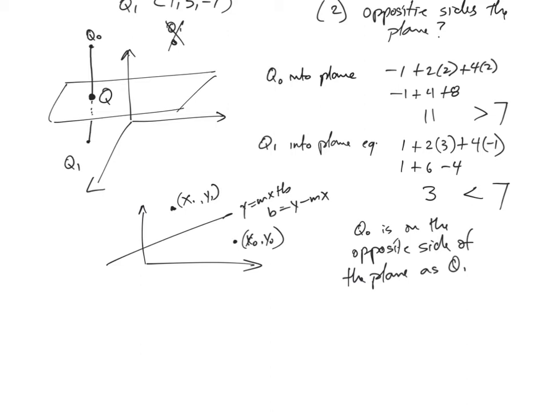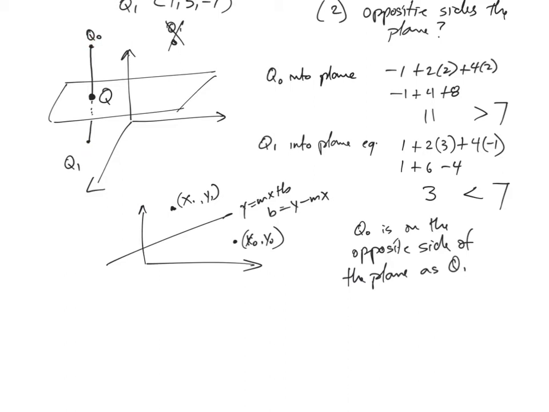That's one of the types of problems you can do with the line equation. You know the coordinates for 2 points on the line. You can easily find the line equation, because what do you need to write the line equation? You need a point on the line. Well, you've got two, Q0 and Q1. You can use either one.